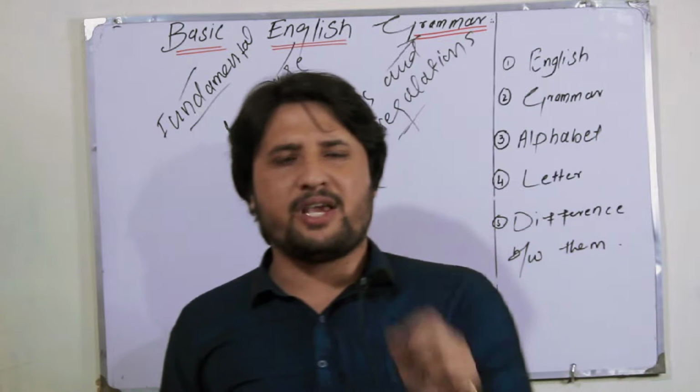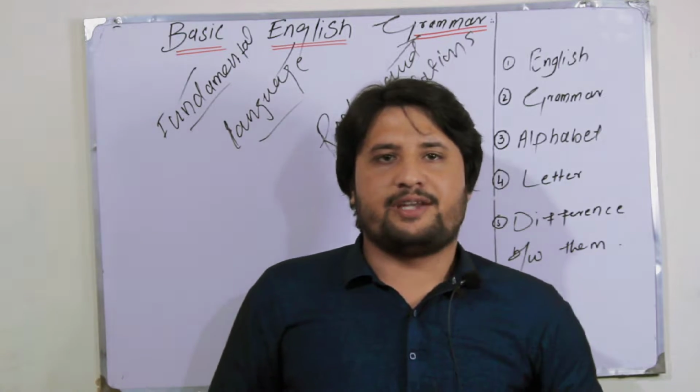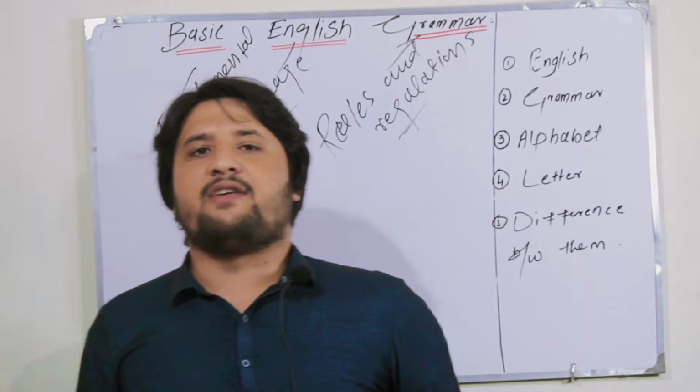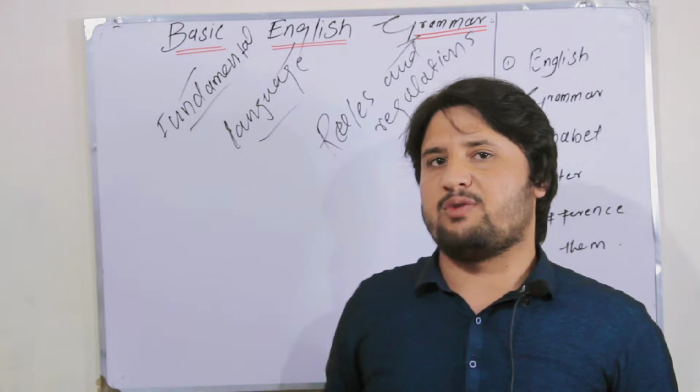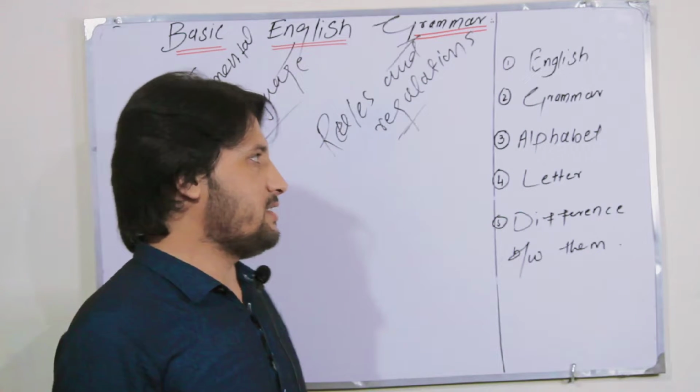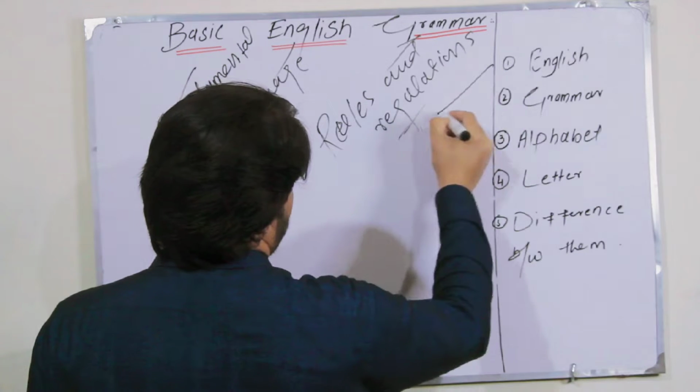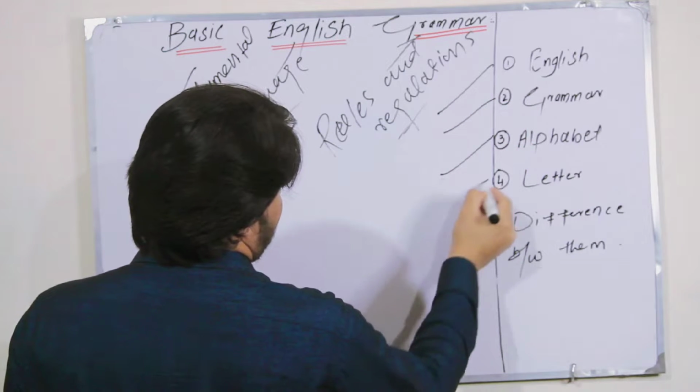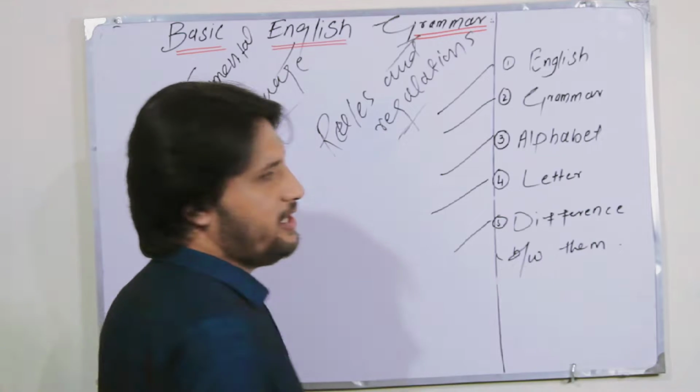So what does basic English grammar mean? That we are going to learn the fundamental set of rules and regulations of the English language. And in today's class we are going to discuss these terms: English, grammar, alphabet, letter, and the difference between them.